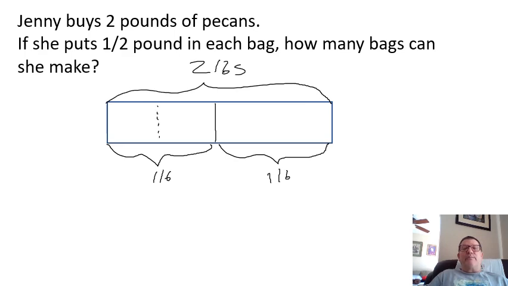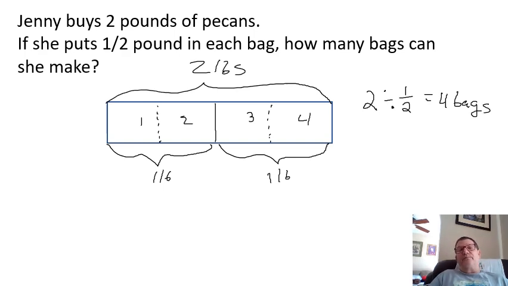So I'm going to split that pound into halves. And I can see I would have 1, 2, 3, 4 bags. So 2 pounds divided by a half, a half pound in each bag, equals 4 bags.